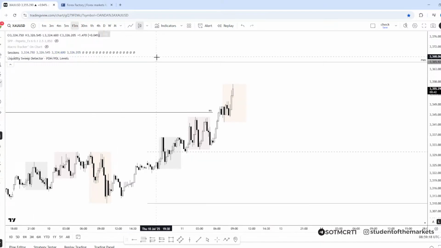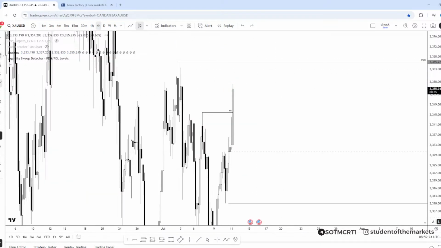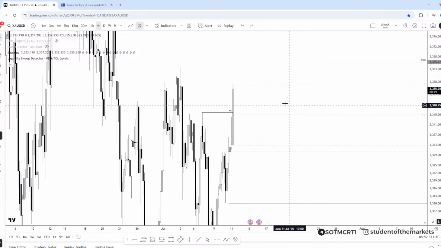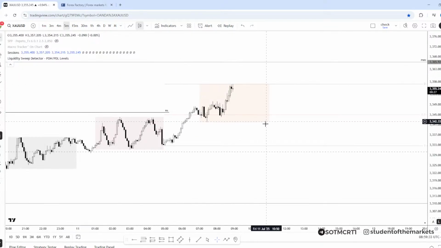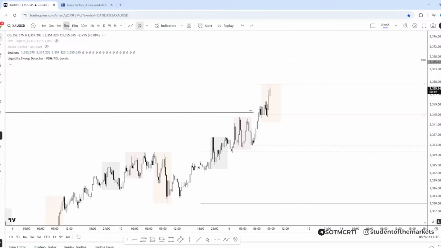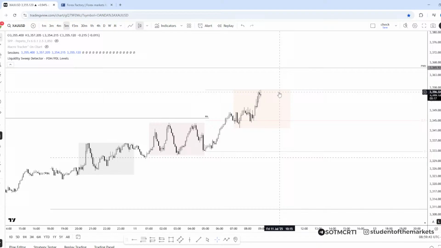All right. So right now, whenever a new candle opens, if price does come down first, we will have this candle range. Now we have this candle range, and I want to see if price does pull back first, and then potentially look for buys.